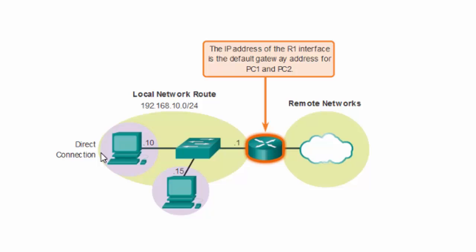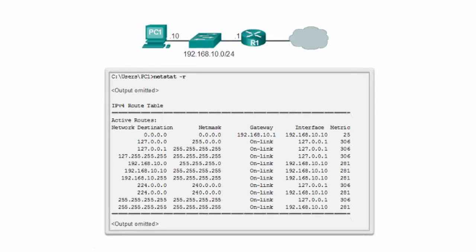There is the network route, which automatically activates the route to any host on the local area network. And there is the default gateway route, which activates the route through the default gateway to go to the remote network. So this is what the routing table inside the host looks like.